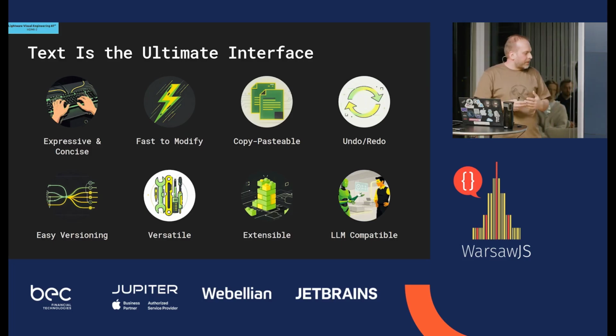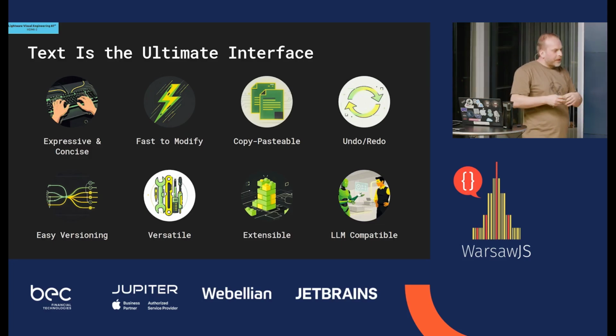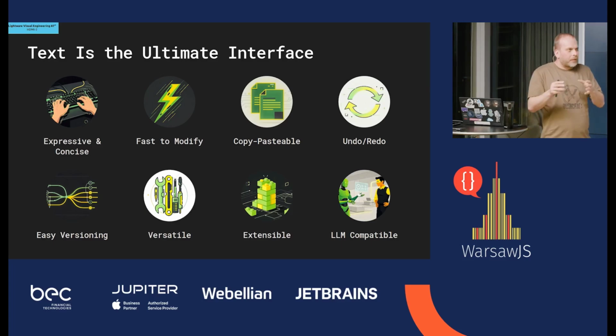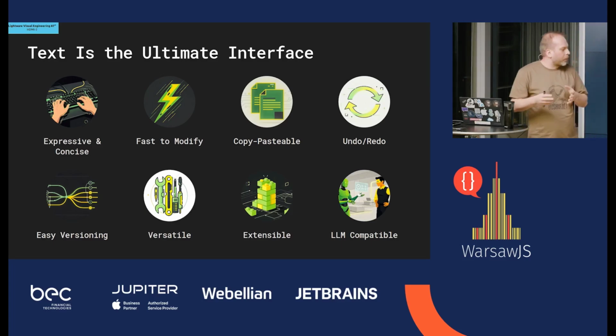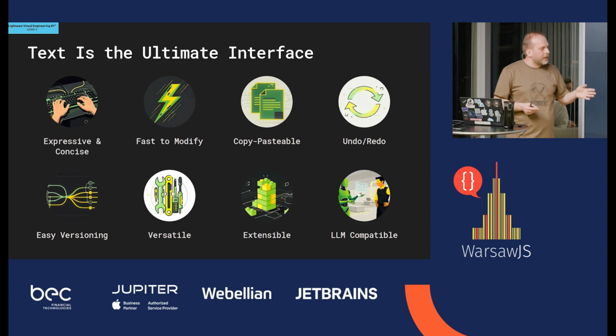You can see what changes there were, see the history. In text, it's easy. It's a lot more difficult in a complex UI. It's also very versatile. You can create a language for rules, for markup, for logic, for queries, and easily expand the language, evolve it, add new keywords while keeping it backwards compatible.